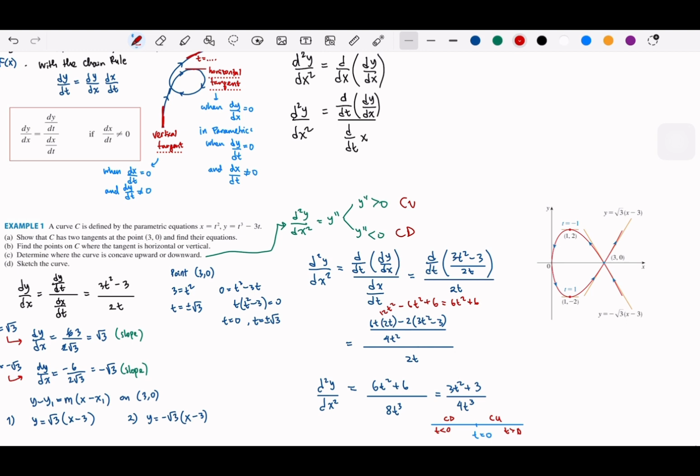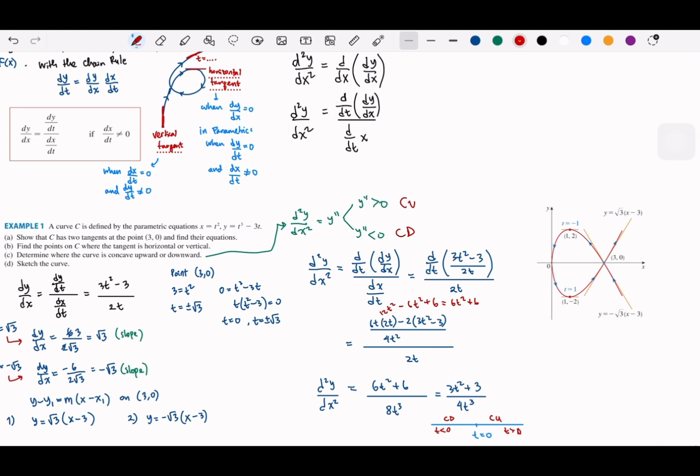And then we know that from the vertical tangent and horizontal tangent, we know which t we are supposed to use. If you check through our concavity, when t is less than 0, it's concave downward. Concave downward is something like this, right? And where is t equal -1?